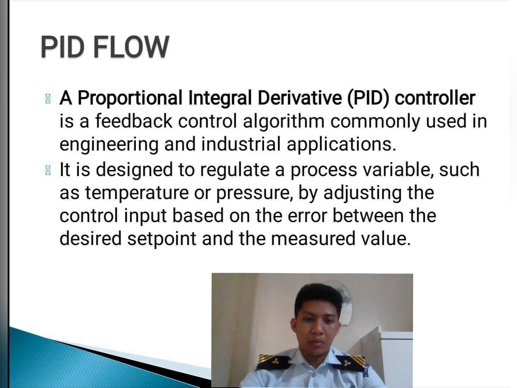Regulate means to control or maintain the rate of flow in the process so that it operates properly. So again, it is designed to regulate a process variable such as temperature or pressure by adjusting the control input based on the error between the desired set point and the measured value.